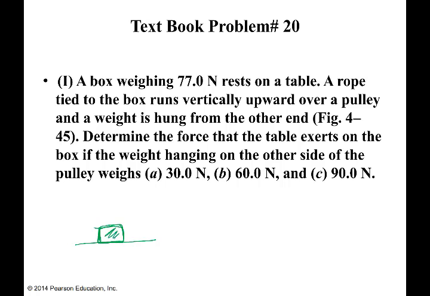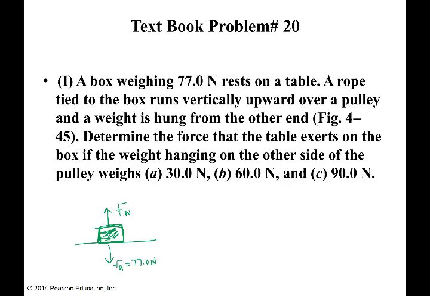So that means its Fg is 77 Newtons, which is its weight. And there is a normal force acting on it. And when it is resting, the normal force is equal to the same 77 Newtons because it's not going anywhere.